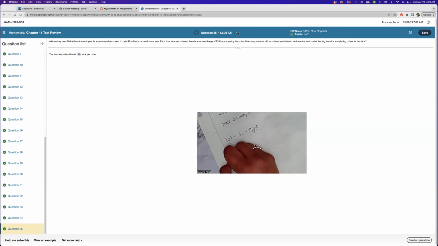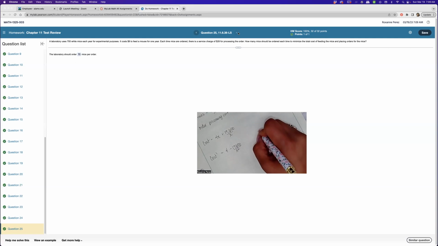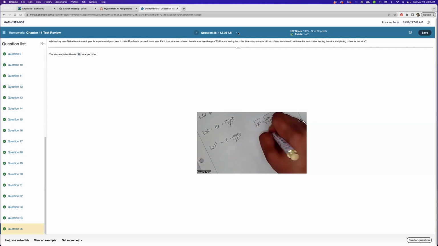So we need to find the first derivative of our cost function, which is going to give us 4 minus 19,600 over x squared. We're going to set this equal to 0 and isolate x squared. So that's going to end up looking like x squared equals 19,600 over 4. And then we're going to take the square root of both sides. And then x equals 70.